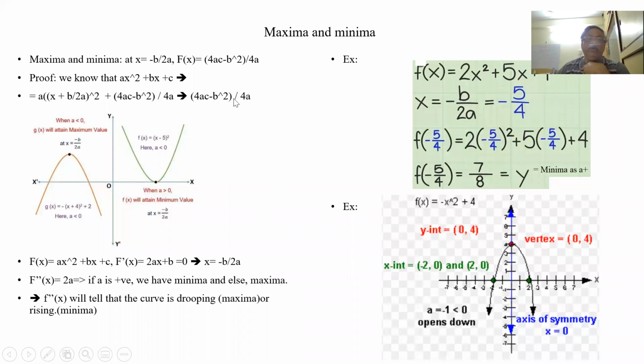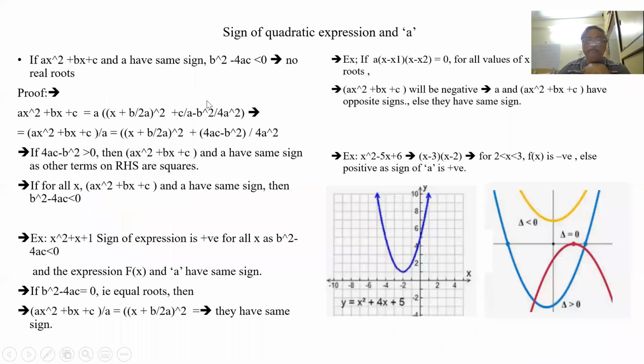So this is the y value, either maxima or minima, depending on the curve. If it opens upward, it is a minima. If it opens downward, it is a maxima. You see here, when x is equal to minus b by 2a, we have the minimum value of y. This is y, the whole expression f of x. This whole square is becoming 0.